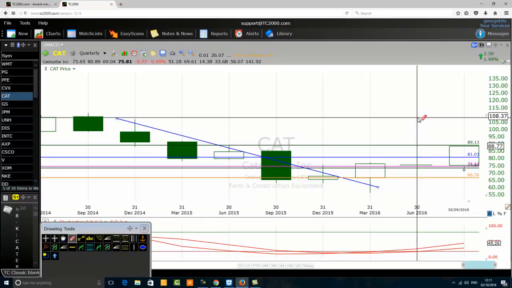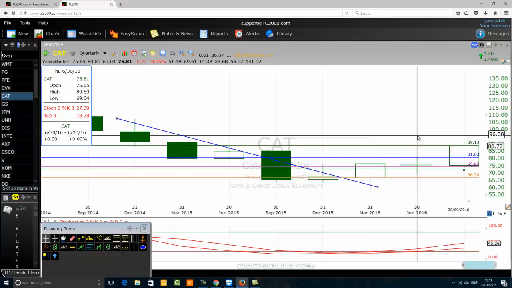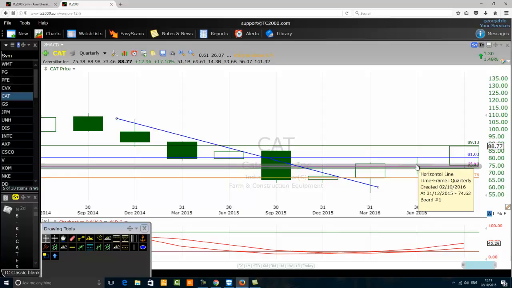For this bar, the closing price for Caterpillar was at 7581. So we will be saying to traders priority to bullish signal above 7581 and priority to bearish signal below 7581, which is the closing price of the indecision candlestick bar.